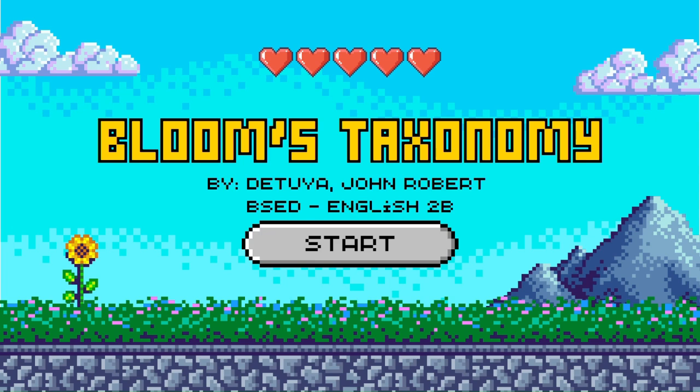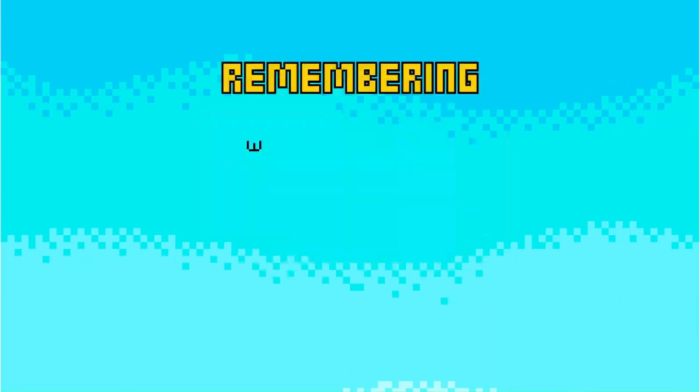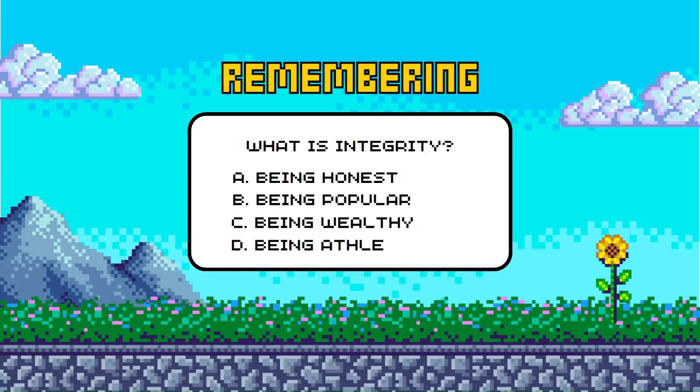So, remembering, what is integrity? We all know that integrity is being honest without thinking too hard. This question is about recalling basic facts or definitions, very self explanatory. The goal is to test whether the students can retrieve knowledge that has been learned, which is a fundamental aspect of this component.